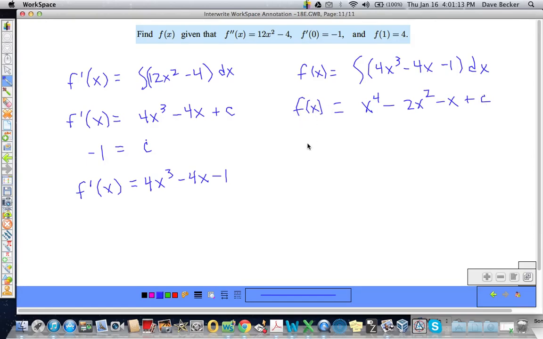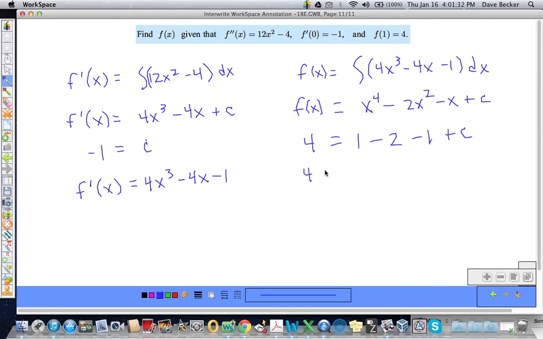But we also know that if f of 1 equals 4, so when x equals 1, f of x is 4, 4 is going to equal 1 to the 4th, or 1, minus 2 times 1 squared, or minus 2, minus 1, plus c.